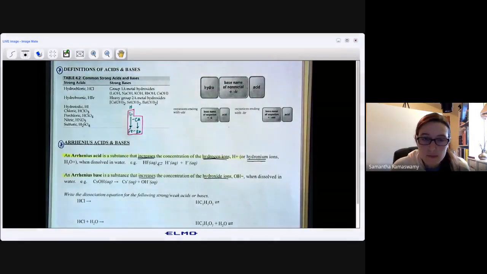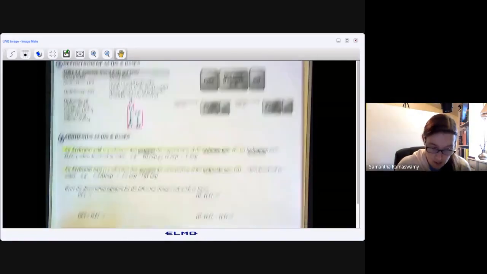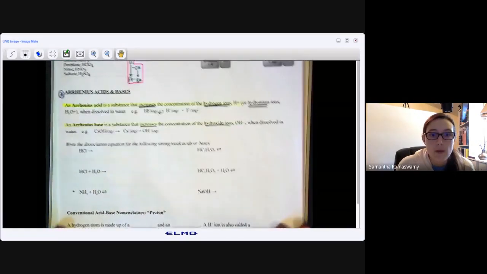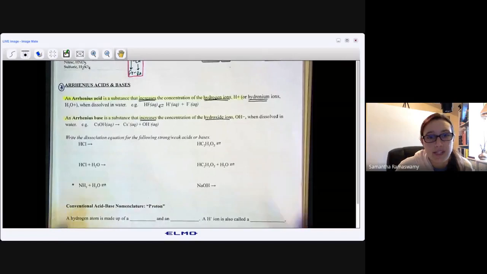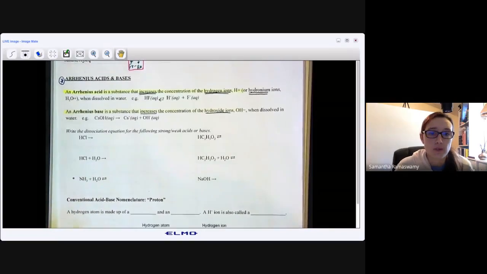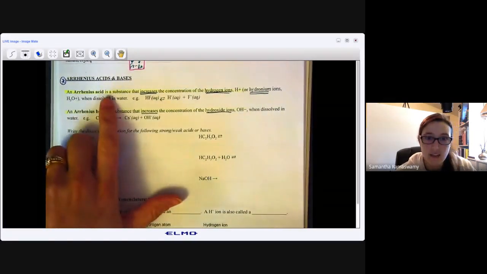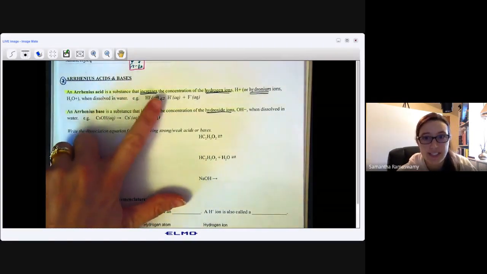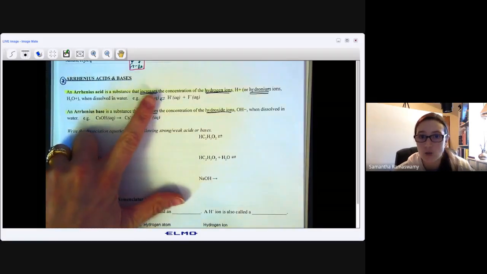Now, as we look at the definitions, we talked about 2 main definitions of acids and bases. The first one was the Arrhenius definition. The Arrhenius definition is really more based on the formula that we see. An Arrhenius acid is a substance that increases the H+ ions or the hydronium ions.